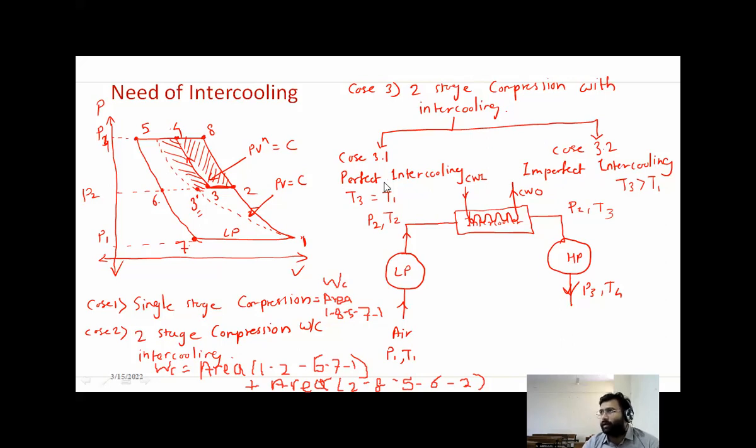So under perfect intercooling, write down T3 is equal to T1, and in imperfect intercooling, T3 is greater than T1. So below this, draw this schematic of multi-stage compression: low pressure, intercooler, high pressure.